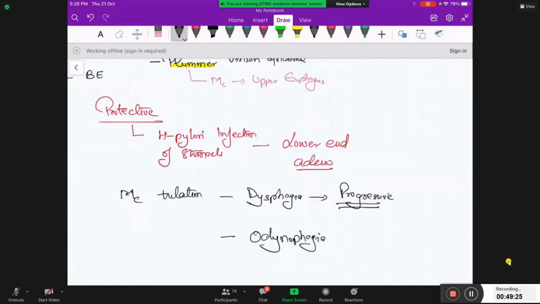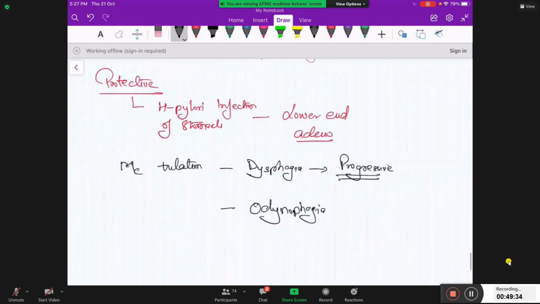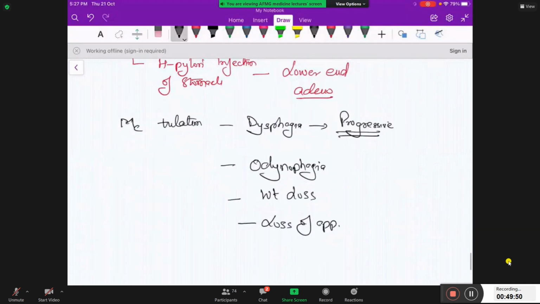What is odynophagia? Pain during swallowing. Patient can also present to us with weight loss and loss of appetite. Patient can also come to us with ascites or jaundice.